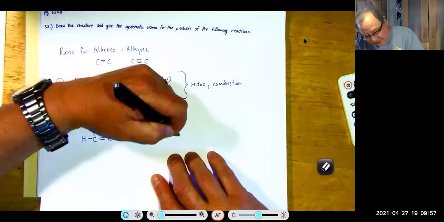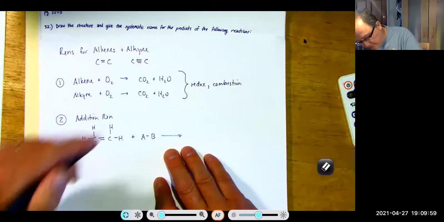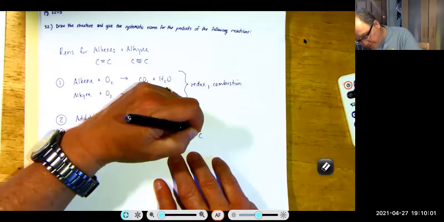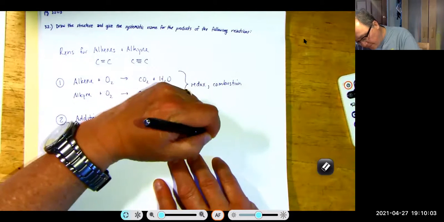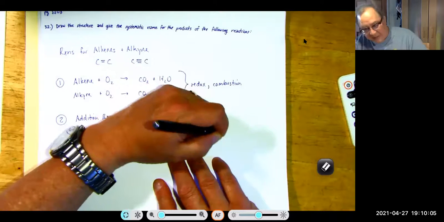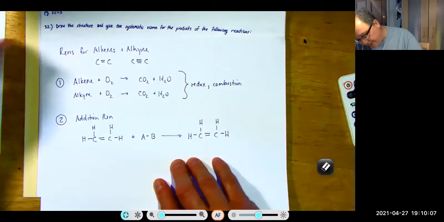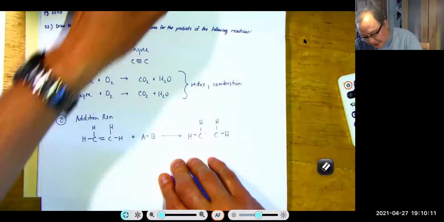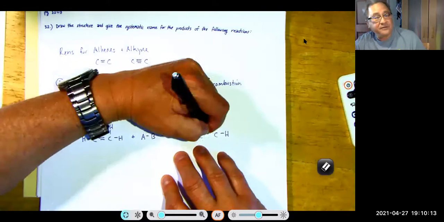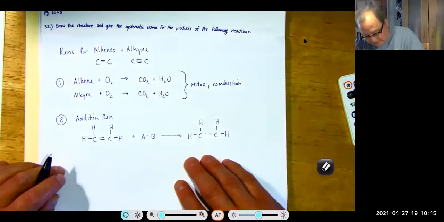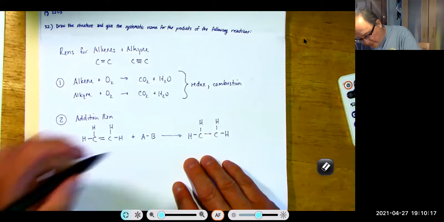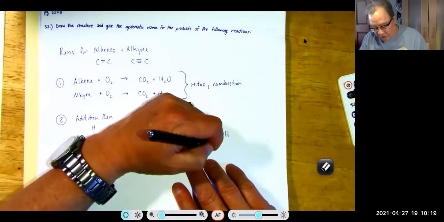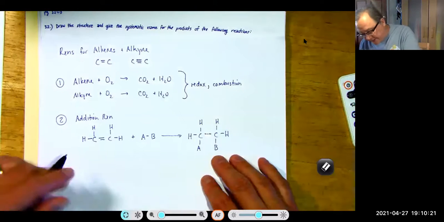When you do these reactions, this is what you get. I made a mistake, so I have to get rid of this. So notice that you used to have a double bond and now you don't. So you get this, but you also get this.